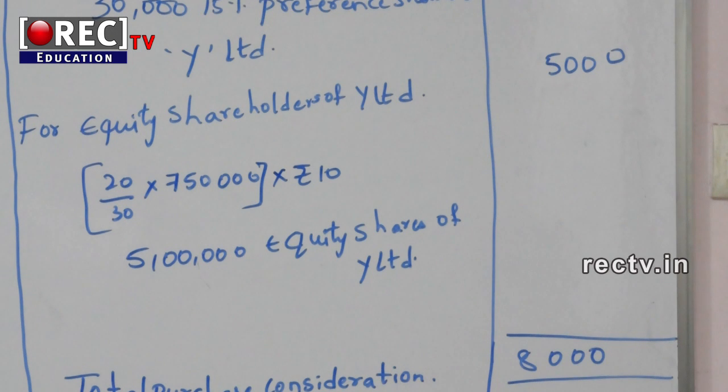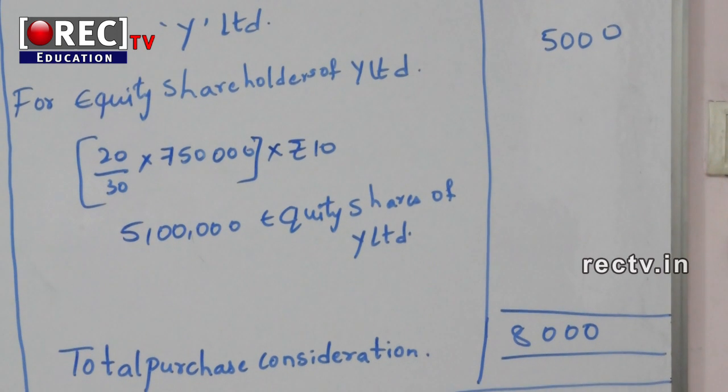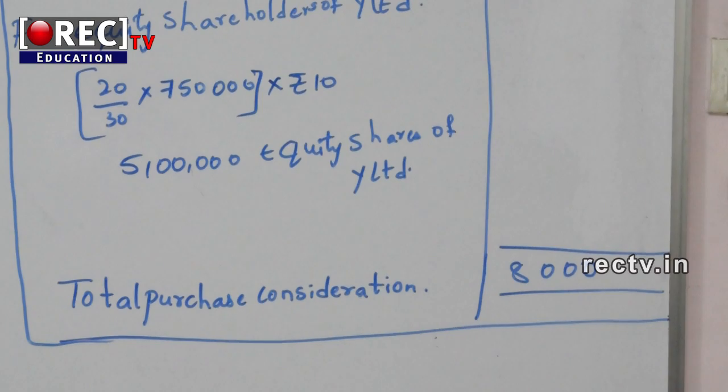Now the intrinsic value of X Limited is 20 and Y Limited is 30, but Y Limited will issue shares to X Limited at the rate of 10 per share. After calculating all this, we will get 5 lakh equity shares of Y Limited. So the total purchase consideration, after taking the preference shareholders and equity shareholders, we get is 8,000, that is 80 lakhs.